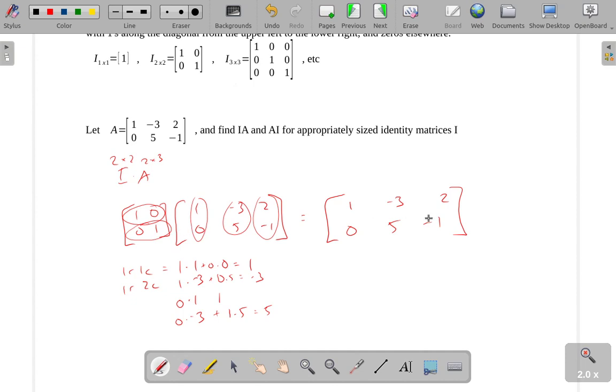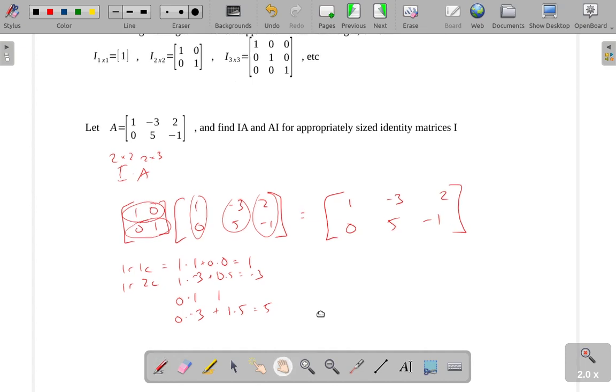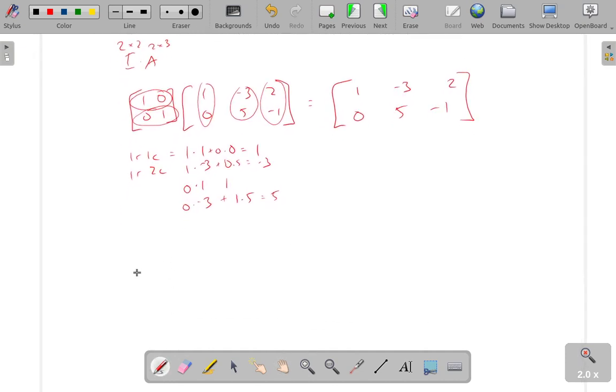So you can see when we take the identity on the left times A, we get the original matrix back. If we swap this around and did A times I, well, this is a 2 by 3 matrix. In this case, the identity we would have to use would actually be the 3 by 3 identity.